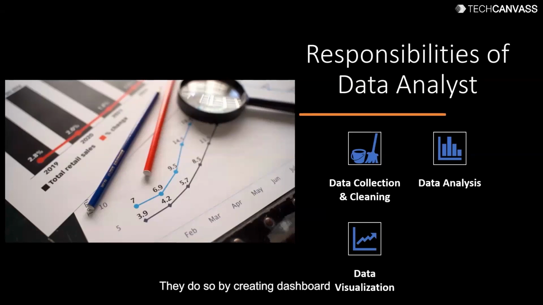They do so by creating dashboards, where analysts design interactive dashboards that display key performance indicators. They could show the trends and insights, and these dashboards allow the stakeholders to explore the data on their own. So if you present this data, the stakeholders can take a look at the graphics, take a look at the data insights, and explore it on their own.